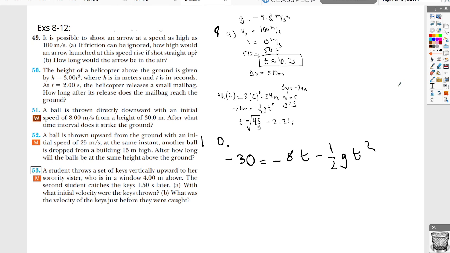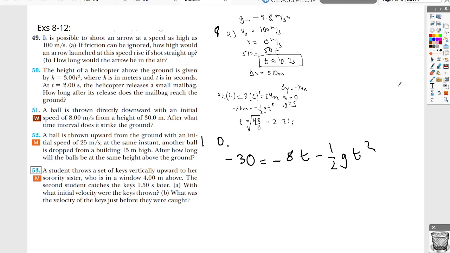Negative 30, the initial velocity is 8t, so negative 1/2 g t squared minus 8t, from a height of 30 meters thrown directly downward. I shouldn't be getting this wrong. Oh, wait. Okay, I found out what I did wrong.